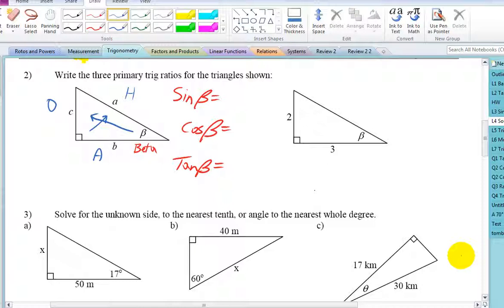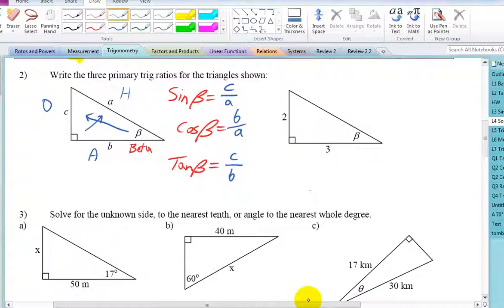Sine beta, Hammond. Correct. Cos beta, Slater. Good. Tan beta, Caleb. C over A. Close, but that's the hypotenuse. We want C over B. Opposite over adjacent.